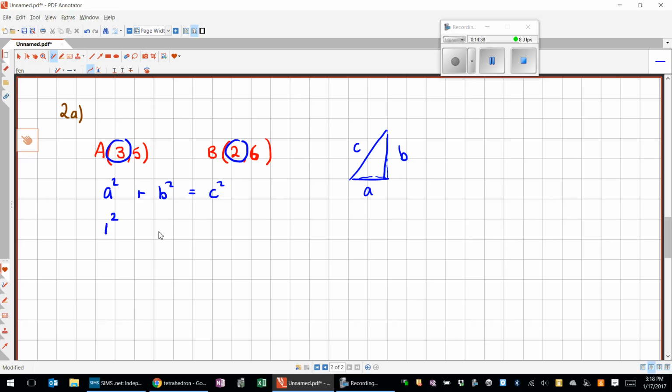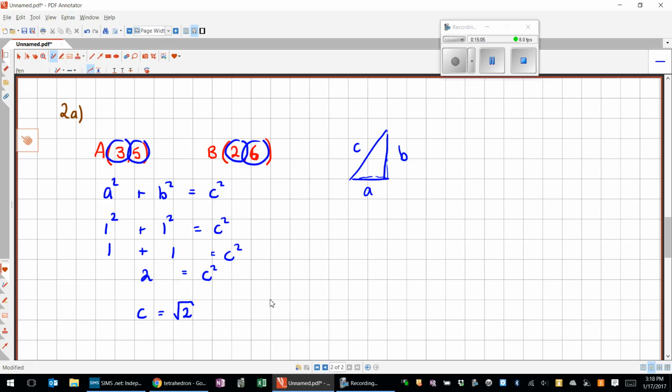Then I've got 5 and 6. Again, it's just 1 squared, which makes c squared. So then I've got 1 plus 1, which is 2. Which makes the answer, the distance between my 2 points, the square root of 2.